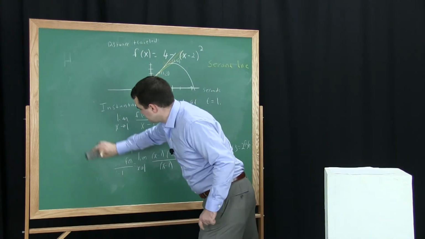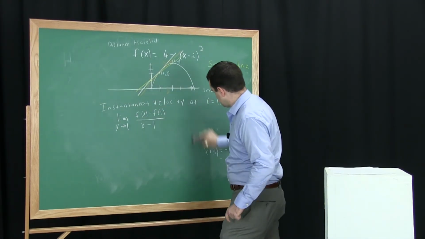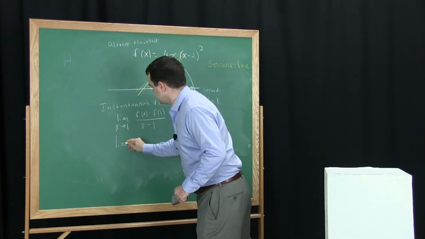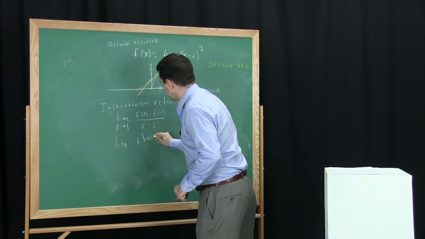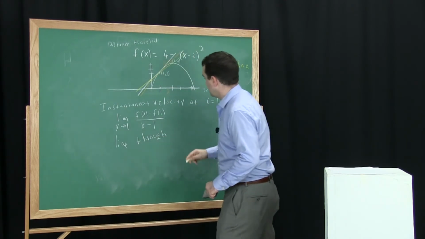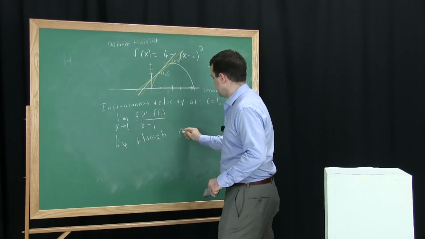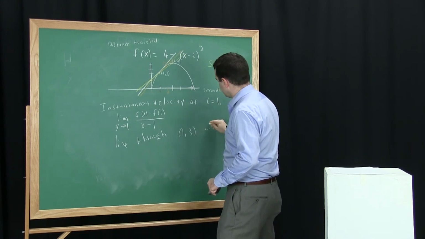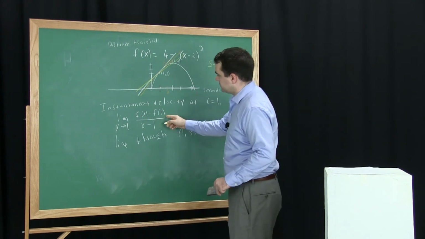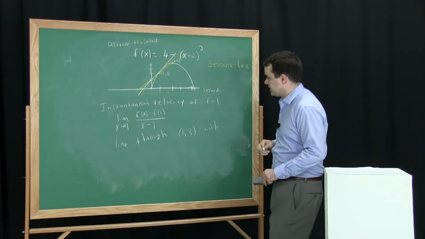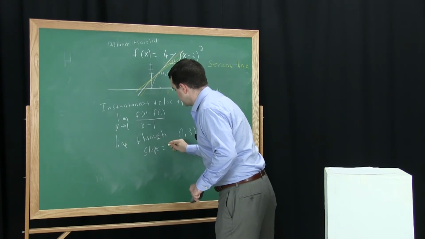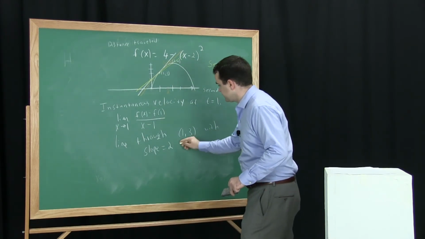And that line through the point, in this case it's (1, 3), so 1, f of 1, has the slope given by the instantaneous velocity. In this case, the slope is equal to 2.